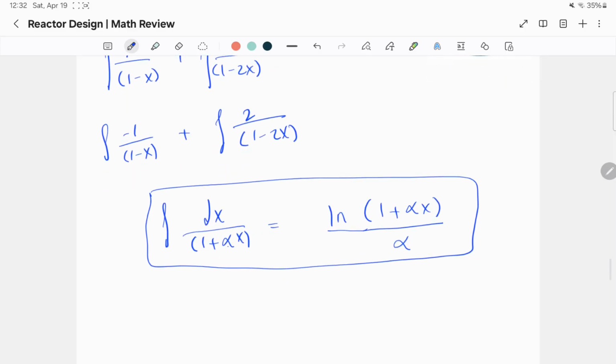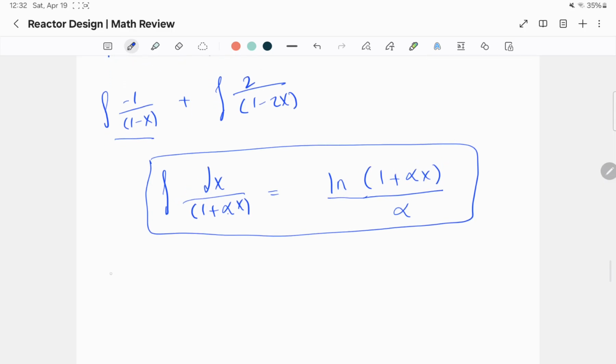So the first term, this one here, will equal -1 times ln 1 minus x over -1, plus 2.